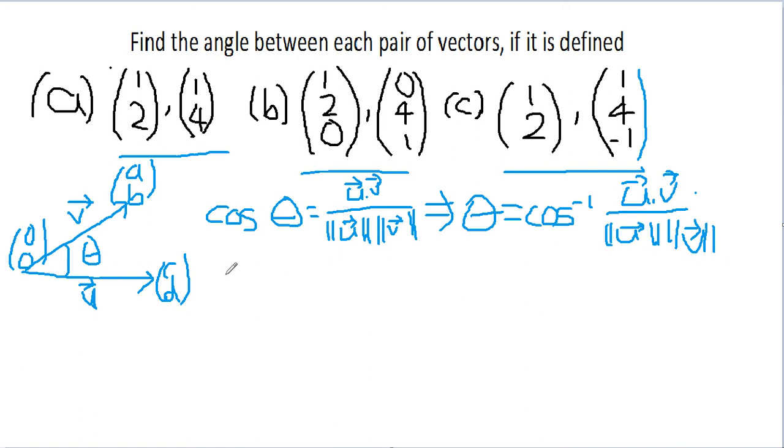So let's start with example A first. What's the dot product of these two vectors?